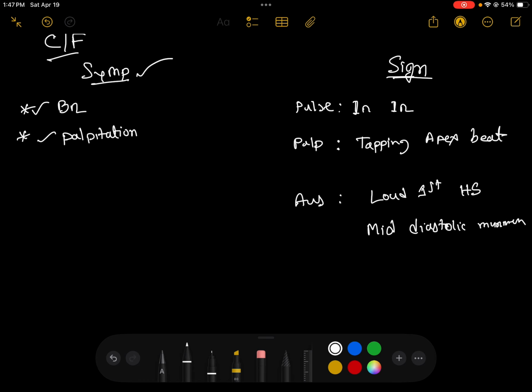These are the common symptoms and signs of mitral stenosis.